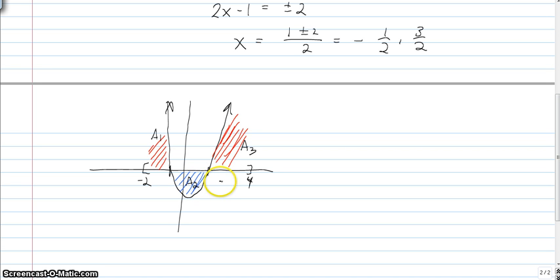So the number that we get is going to be A1 plus A3 subtract out A2. Now we could go find A1, A2, and A3 separately and add them all together, and that would give us the absolute area between the curve and the x-axis.